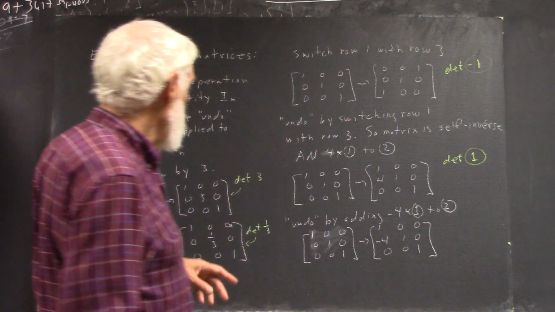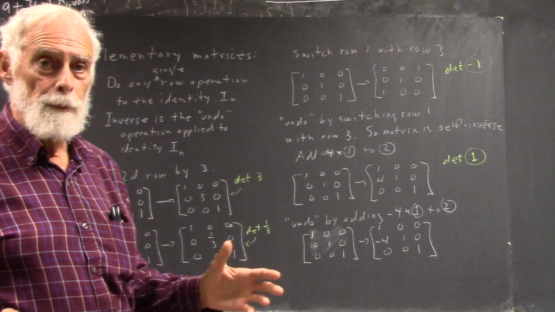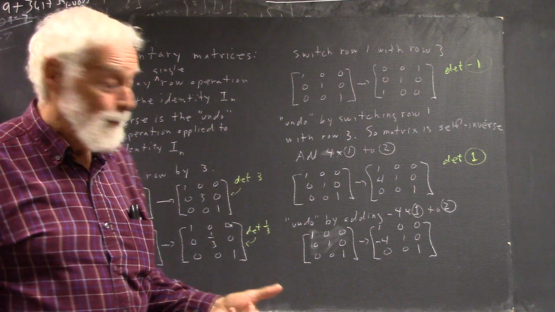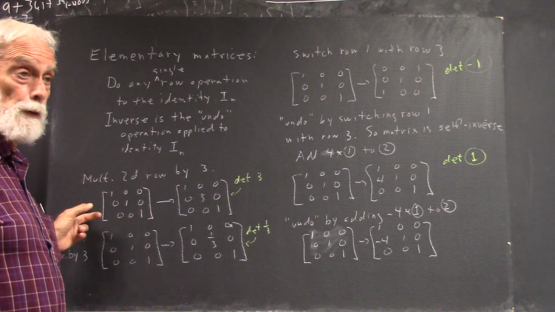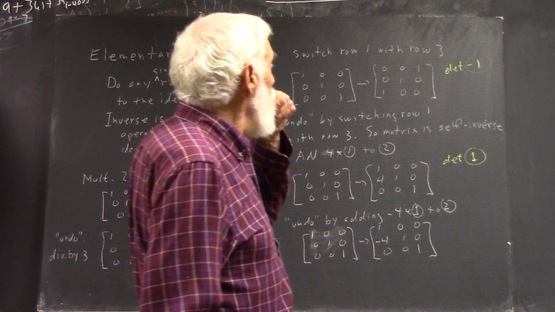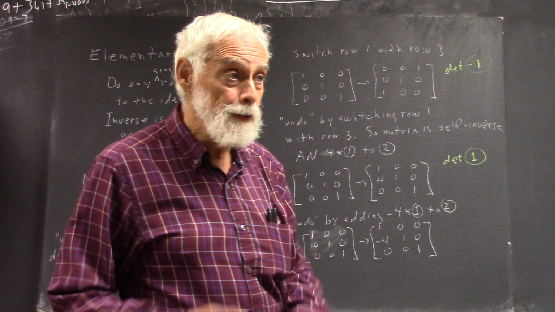Okay? So the only elementary matrices that have a determinant that's not 1 are this one, where the determinant is whatever number you're multiplying the row by, it doesn't matter which row, or if you switch rows, which changes the sign of your determinant.